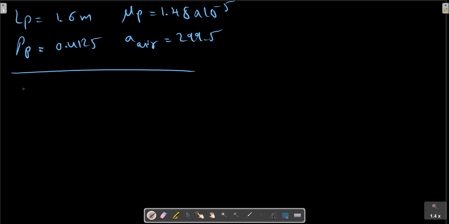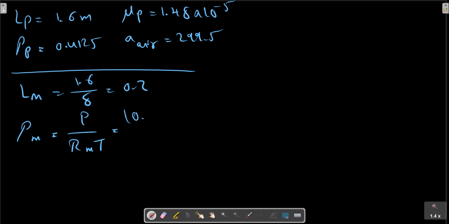For model we have Lm 1/8, rho m obtained from table A4. We can calculate from the relation of the perfect gas.